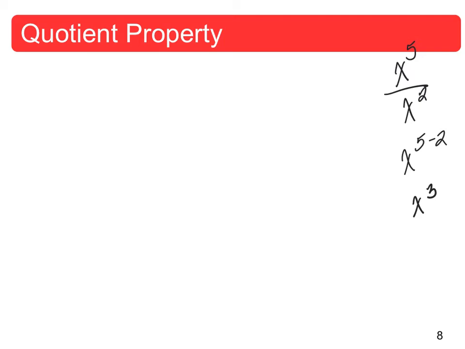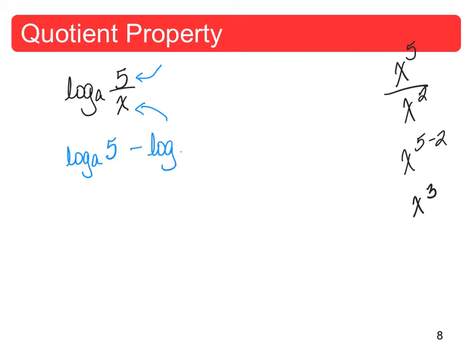So this is the quotient property. I have log base a of 5 over x. So I'm going to find the log of 5, and then I'm going to find the log of x, and I'm going to subtract those. So I have log base a of 5 minus log base a of x.